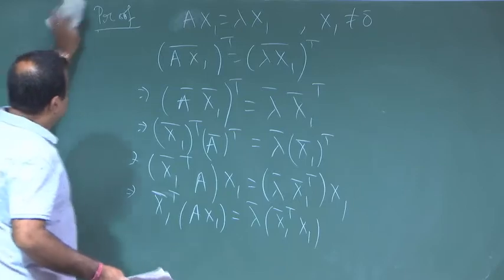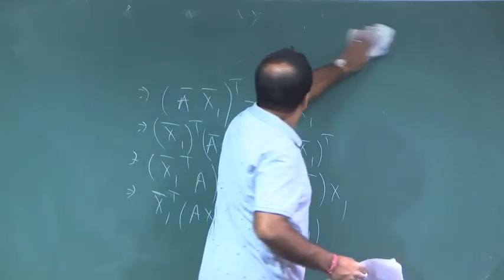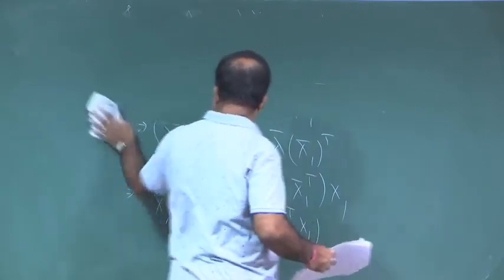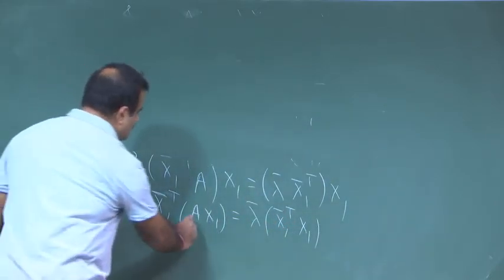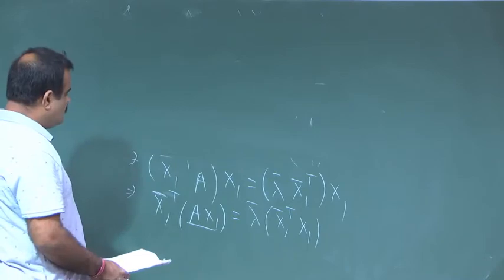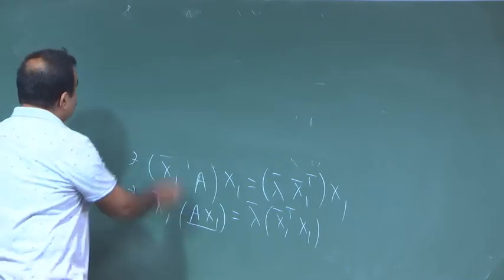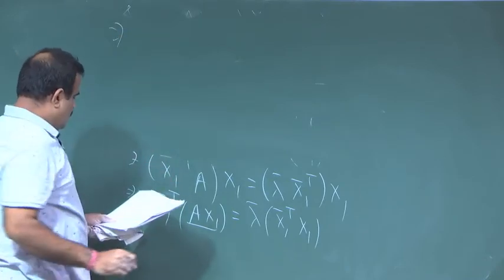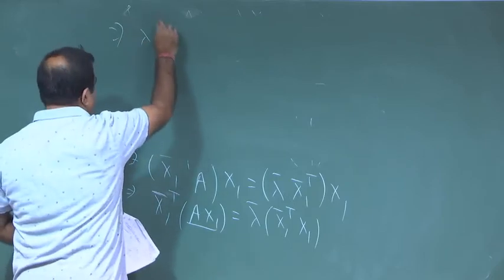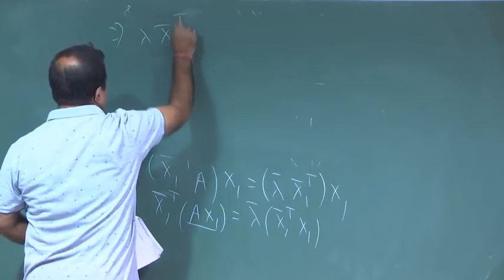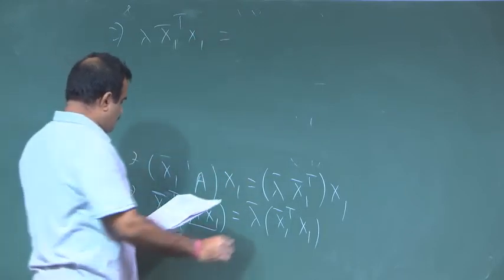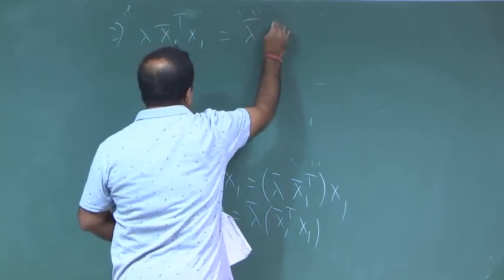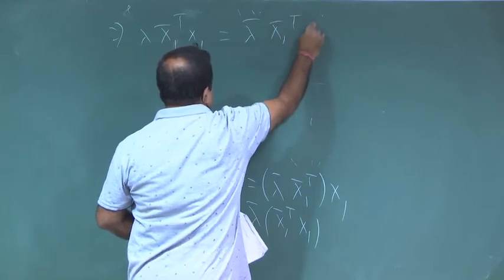Okay. So, up to this is fine. Now, this is again lambda of x 1. So, this is again lambda of x 1 bar transpose x 1 equal to lambda bar x 1 bar transpose x 1.